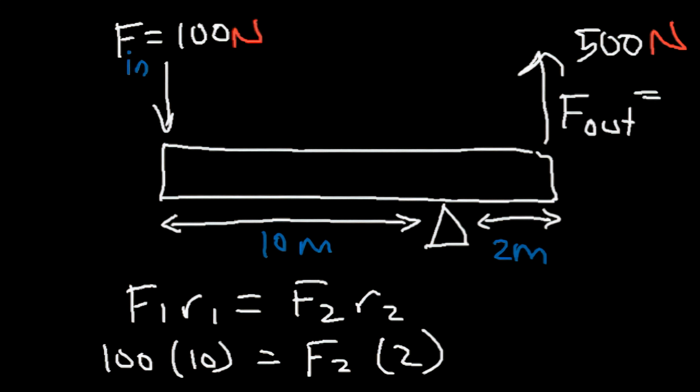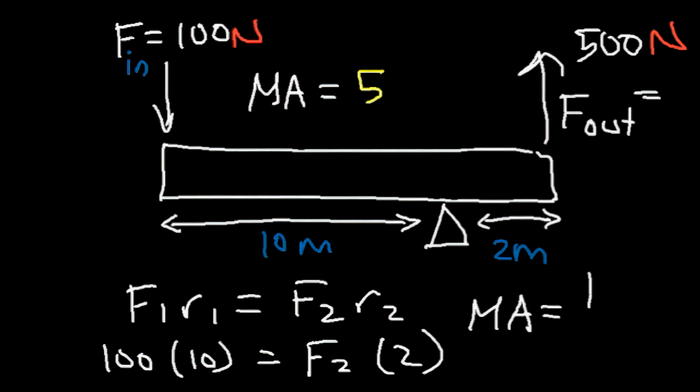So notice that the output force increased by a factor of 5. So therefore, we could say that the mechanical advantage of this machine is 5, since the force increased by a factor of 5. Mechanical advantage of a machine is defined as the output force divided by the input force, which is 500 over 100.